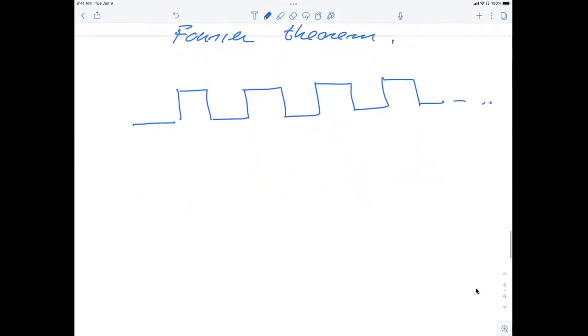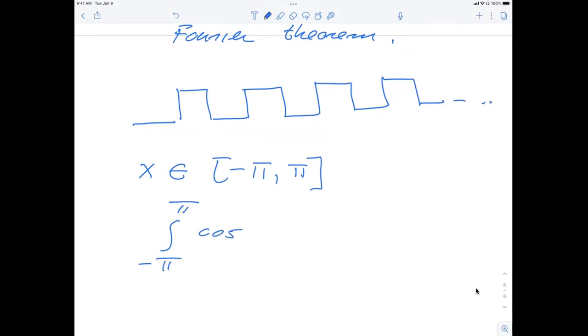So if I were to assume now that x lives between minus pi and pi, and I'm calculating the integral from minus pi up to pi of, let's say, cosine of n times x times sine of n times x dx.